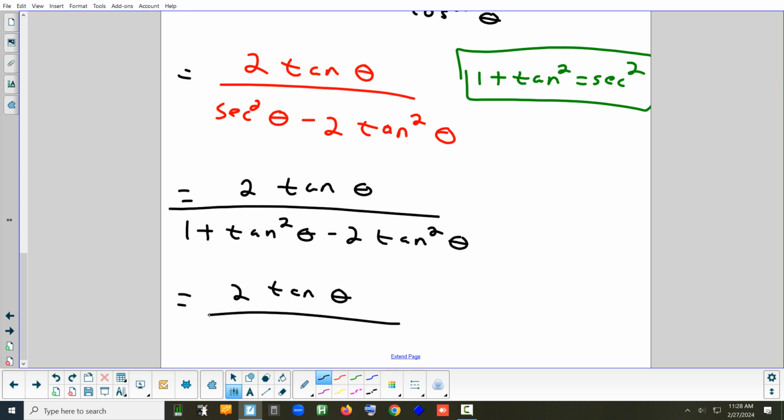Yeah, so these are like terms. This is 1 tangent squared, take away 2 tangent squareds. 1 take away 2 is negative 1 tangent squareds. So we have 1 from right there, and then 1 minus 2 is negative 1 tangent squared.